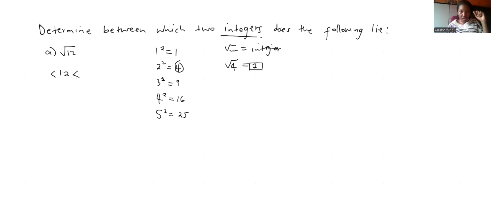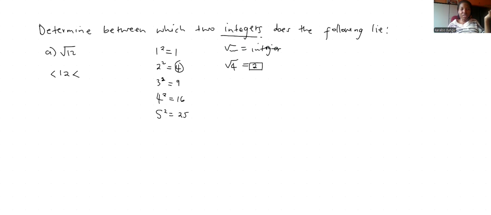Come to your perfect squares here. You have 1, 4, 9, 16, 25. You can expand if you want, but for now, these are the perfect squares that we need. So you check, does 12 lie between 1 and 4? No. Does it lie between 4 and 9? No. Does it lie between 9 and 16? Yes. 12 lies between 9 and 16.